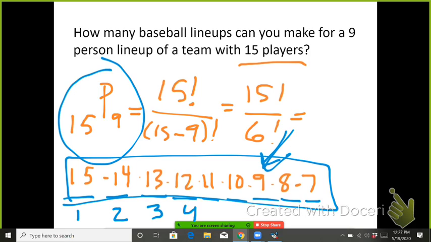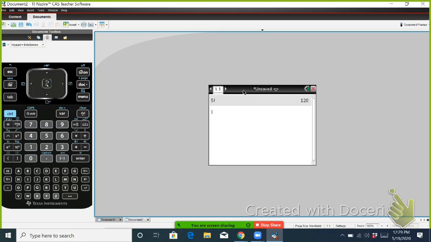So let me show you how to do that on the calculator. If you remember, we used nCr for combinations when we did the binomial theorem; we're going to use nPr for permutations. Remember, it was 15 people, and we're choosing 9 in a specific order. Order matters. If Charlie bats first and Jake bats second, that would be a different lineup than if Jake bats first and Charlie bats second.